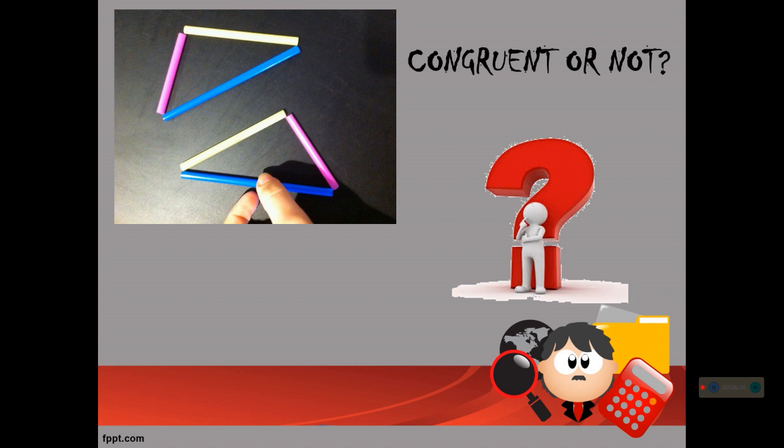You are going to use the term congruent. Do you have any idea about the word congruent? If you don't, when you say congruent, those are the angles or segments with the same or equal measure.